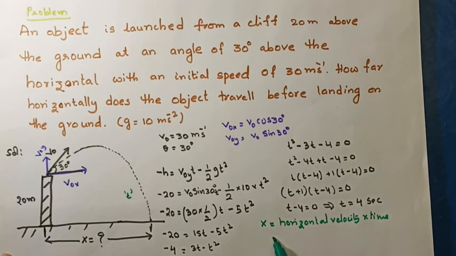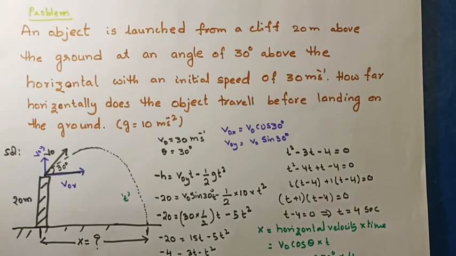What is the horizontal velocity? In projectile motion, that is constant throughout the motion. So it is V naught cos theta into t. V naught is equal to 30, which is given in the problem, and cos 30, and the time has been calculated by us.